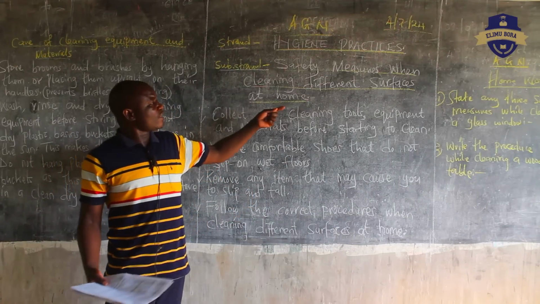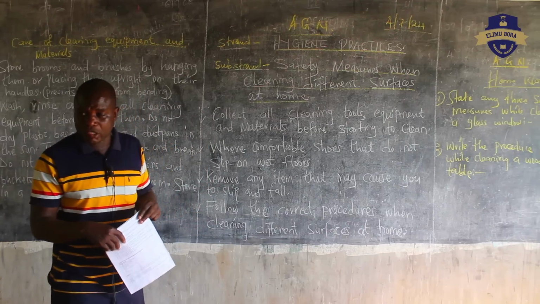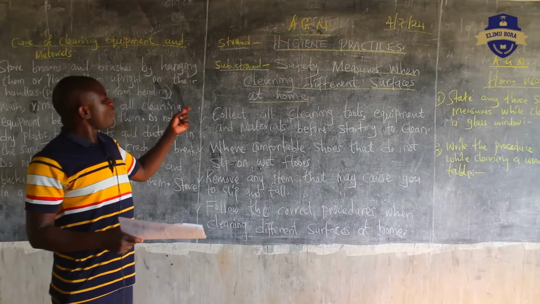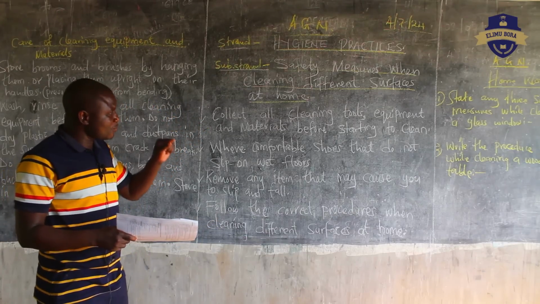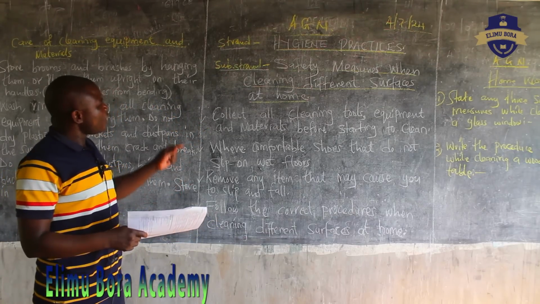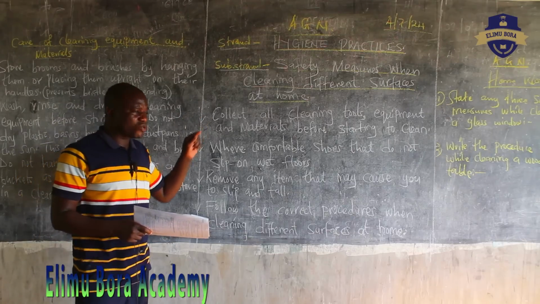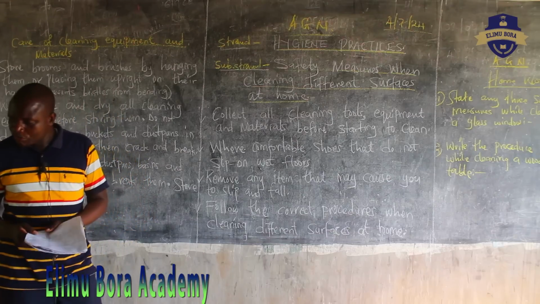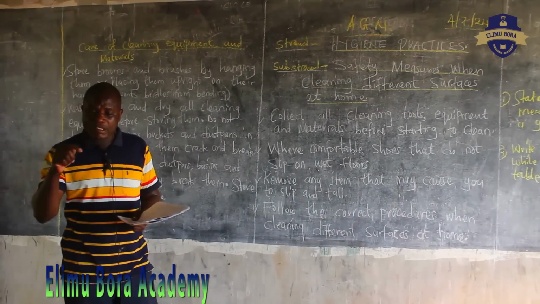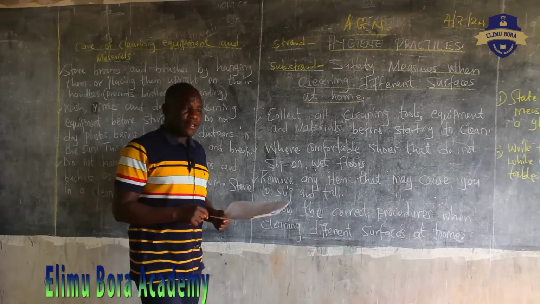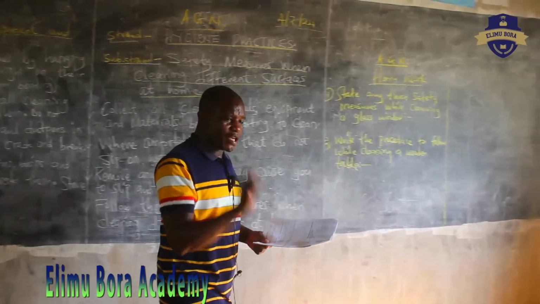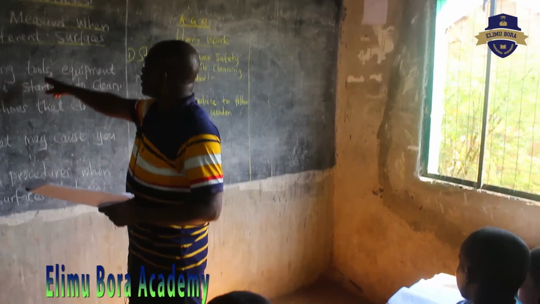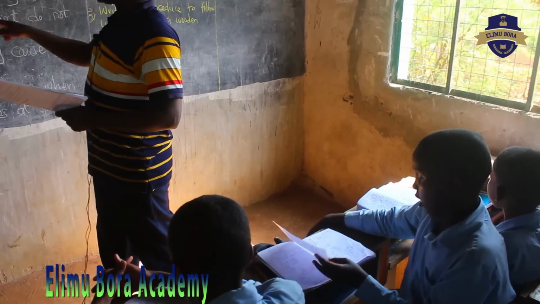So as you do the cleaning, there are those safety measures you put into consideration. Number one: collect all cleaning tools, equipment, and materials before starting to clean. For example, you are cleaning a wooden table. Open where we wrote cleaning of wooden table. Before you start cleaning, collect all cleaning tools, equipment, and materials.